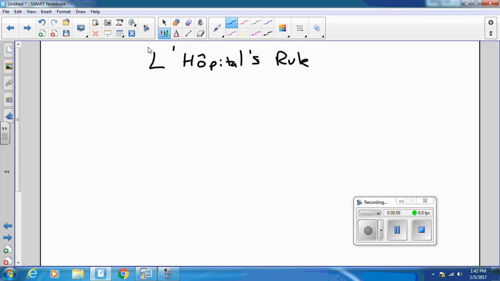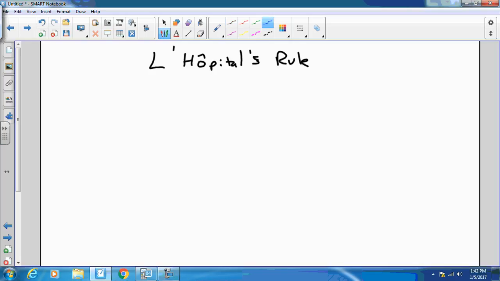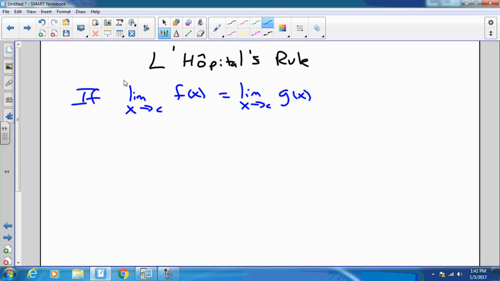So I want to consider a situation in which the functions f and g both go to 0.